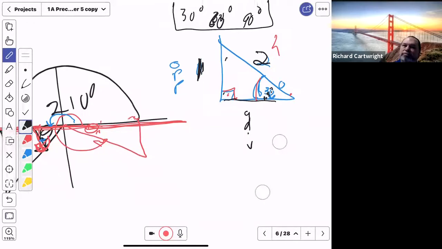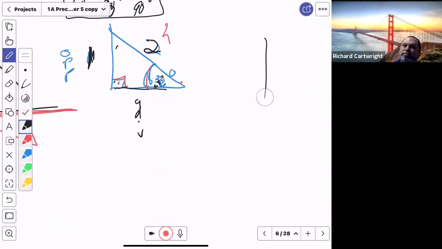I know what you're thinking of: a 45-degree angle, where the opposite is a 1, the adjacent is also a 1, and the hypotenuse is always the square root of 2. But the adjacent here is not square root of 2. It's 1, 2, square root of 3.